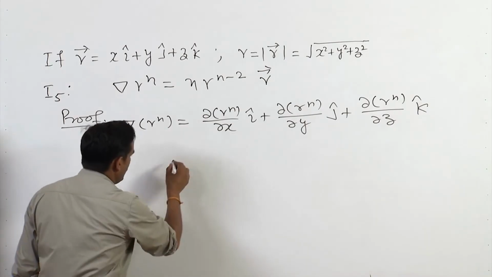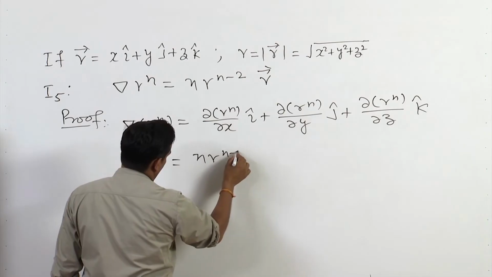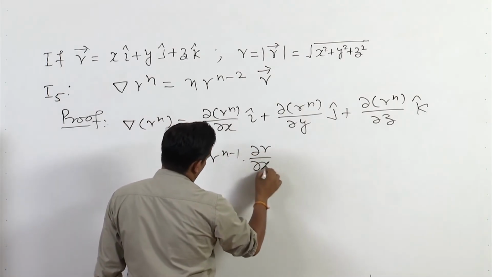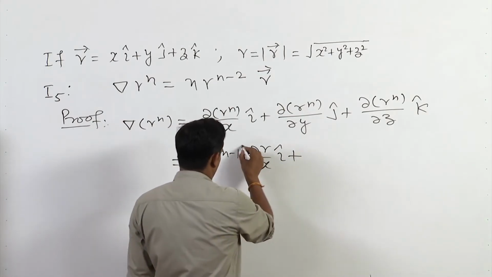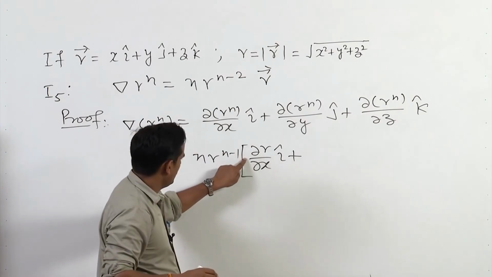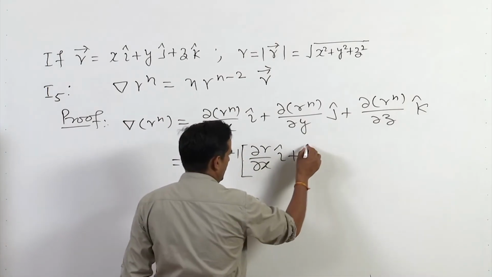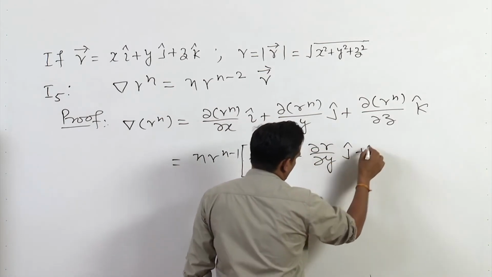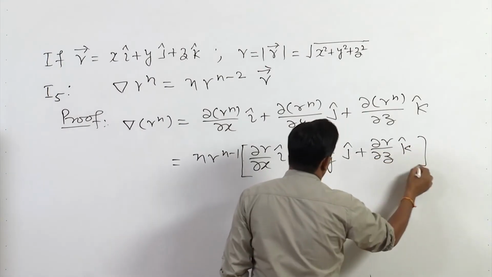So, del of r raised to power n will become n r to the power n minus 1 into del r over del x i plus del r over del y j cap plus del r over del z k cap, because this term will come in each.